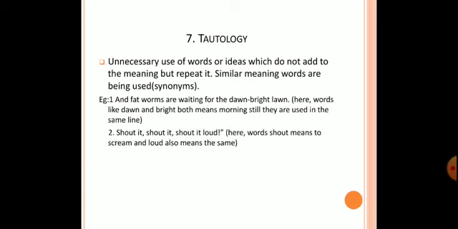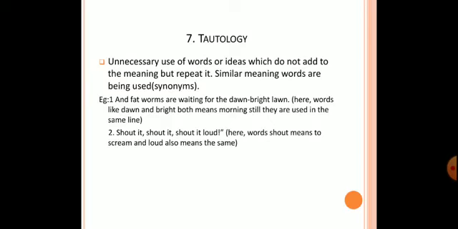The second example is: shout it, shout it, shout it loud. Now over here we have repetition and also tautology. Why repetition? Because words are being repeated. And why tautology? Because it is unnecessarily being used. Now if we are shouting, automatically it is going to be loud. We all know.